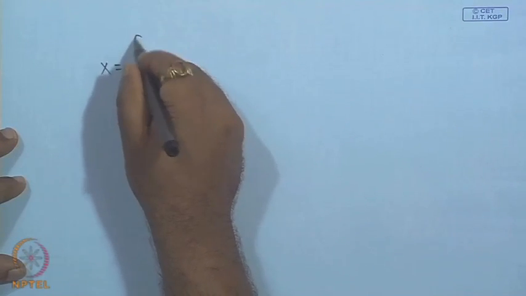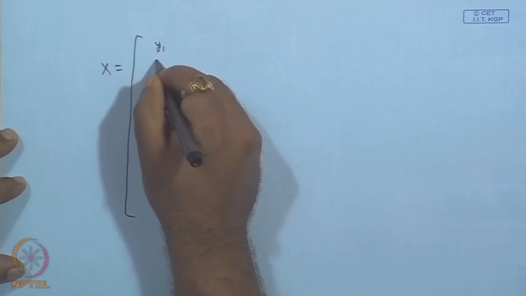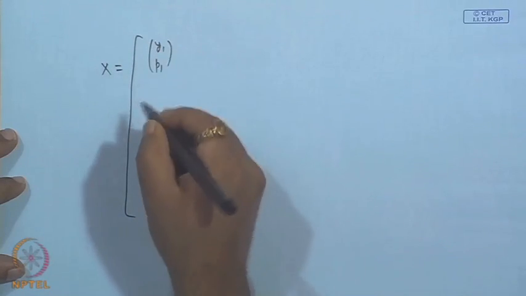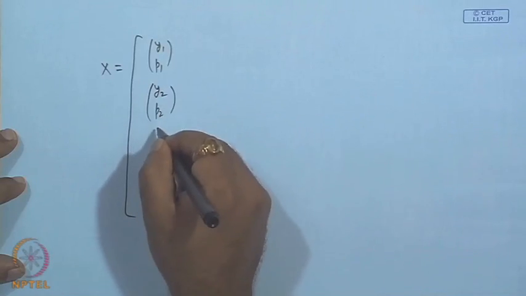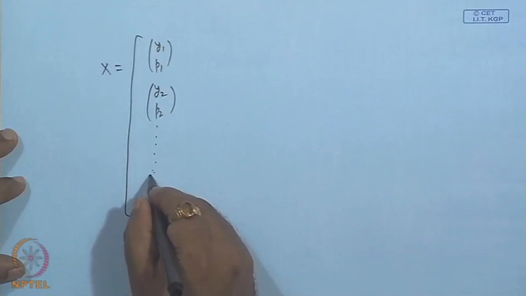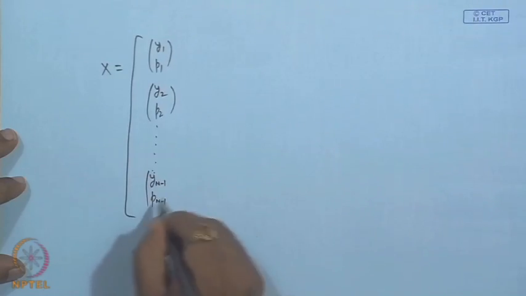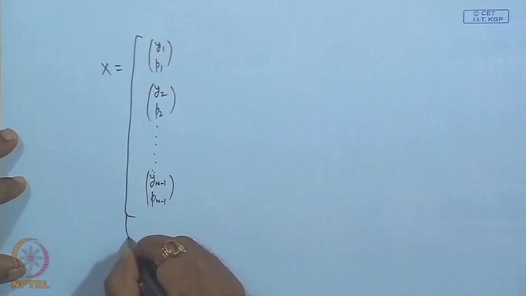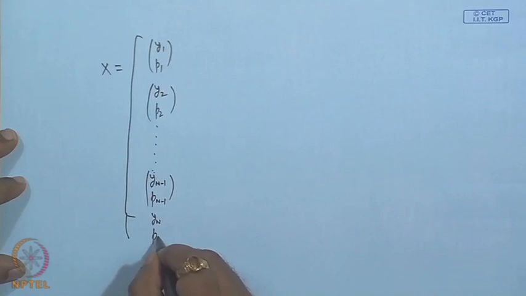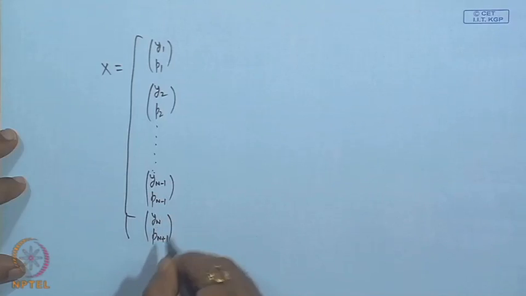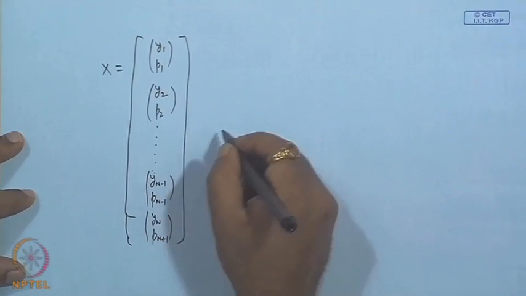X looks like this. See, x 1 is, x 2. So, this is our x, okay.